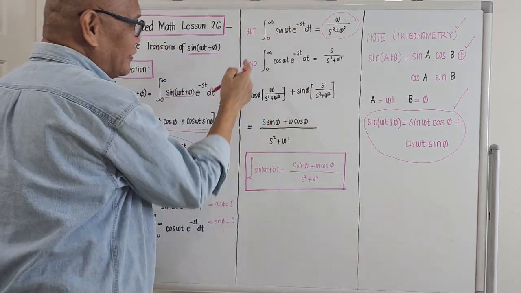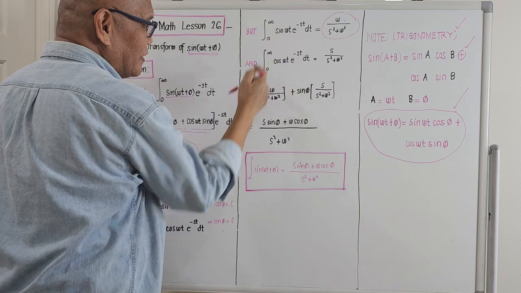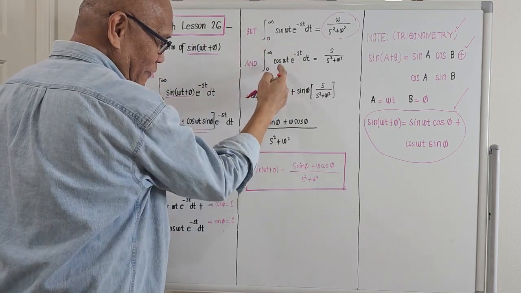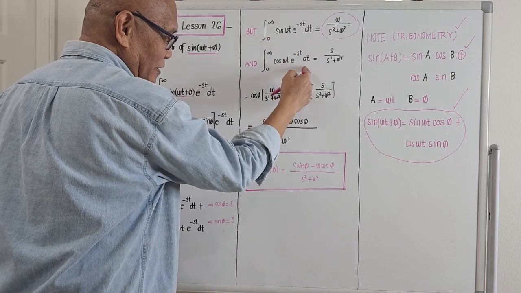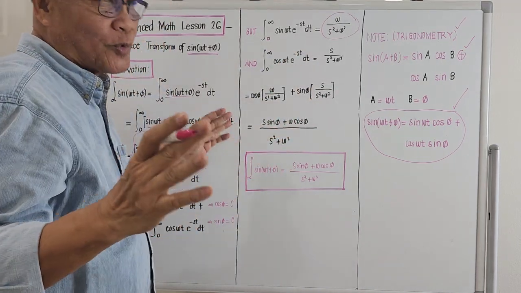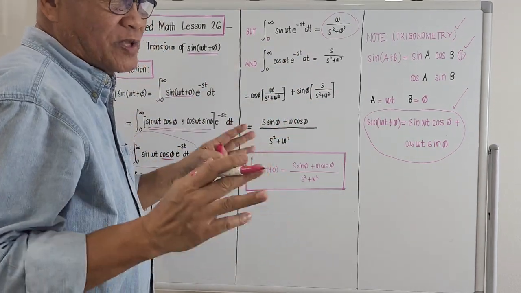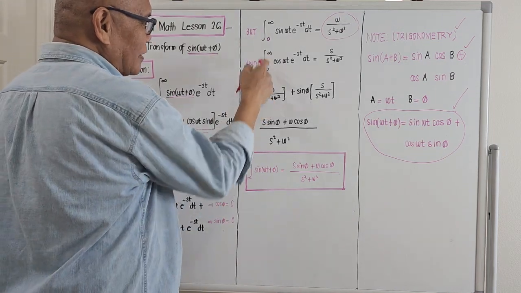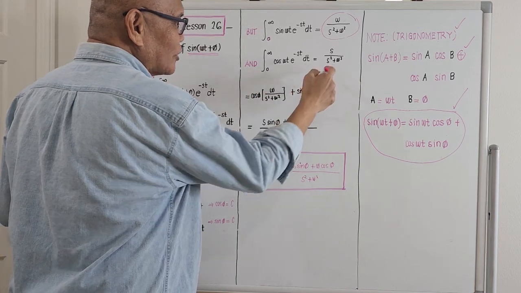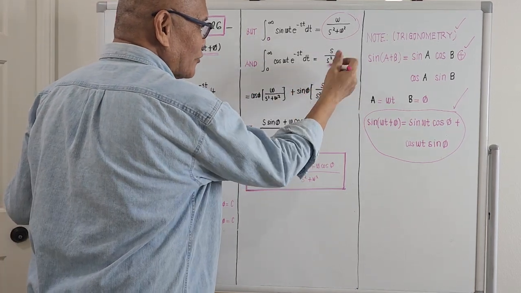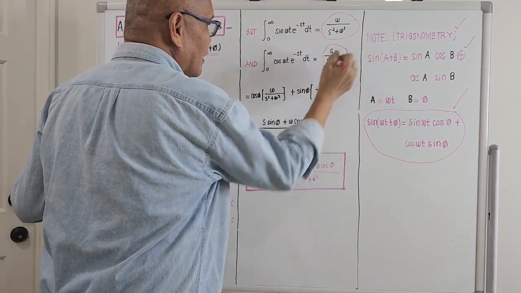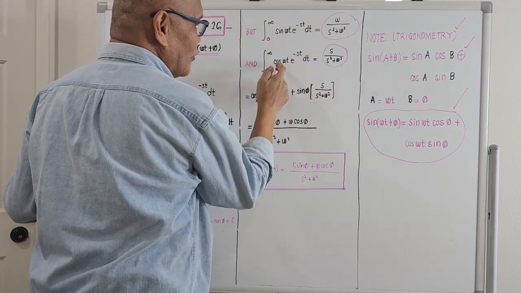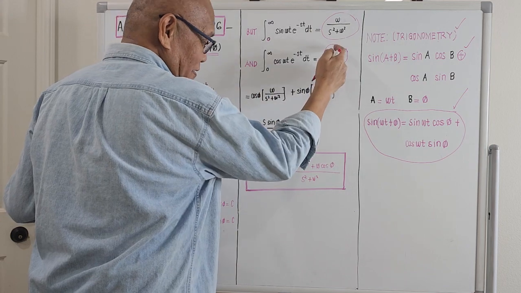And the integral from 0 to infinity of cosine of omega t, e raised to minus st dt, actually we are through with that also. It is one of the formulas, I think number 6 or number 5. The equivalent of the integral from 0 to infinity of this is actually s over s squared plus omega squared. For a sine, the numerator will be omega. For a cosine, it is s.